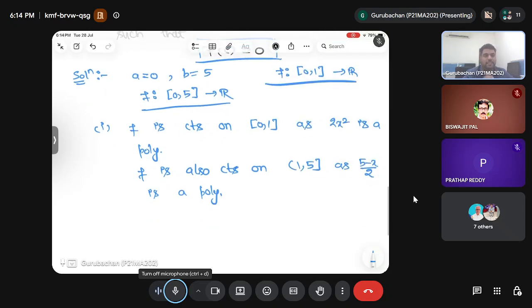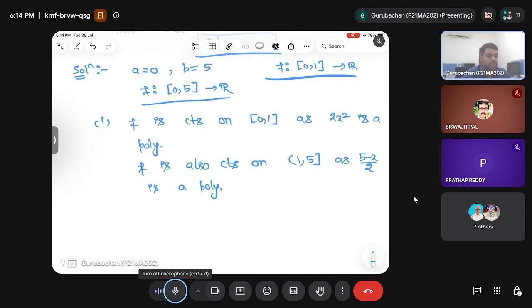Now what is our criteria just to check at 1 what is happening? Because the function is breaking at 1, we cannot guarantee directly that the function is continuous at 1 or not.